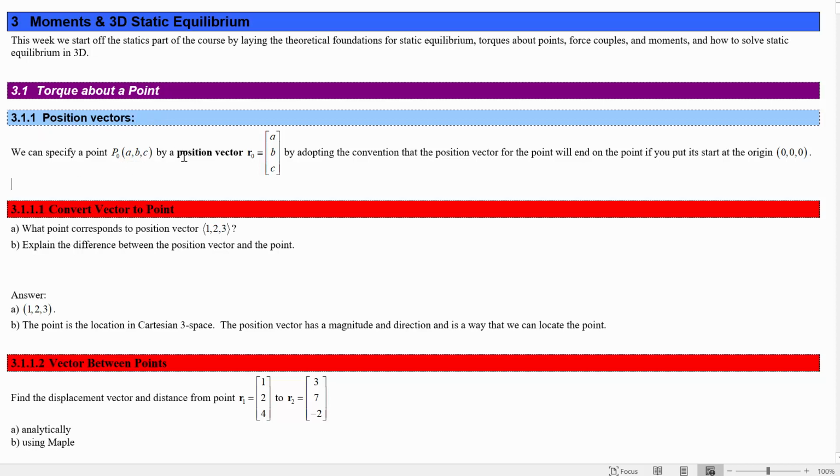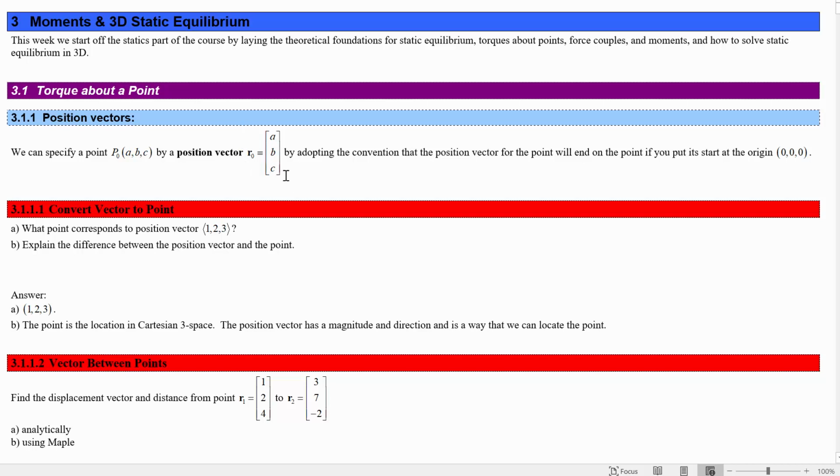Rather than specifying a point by giving 3 coordinates in round brackets, we can specify it by a position vector, which gives 3 displacements in square brackets. These 3 displacements, in x, y, and z in a Cartesian coordinate system, where the x, y, and z axes are perpendicular, just indicate the distance away in that perpendicular direction from some origin point.